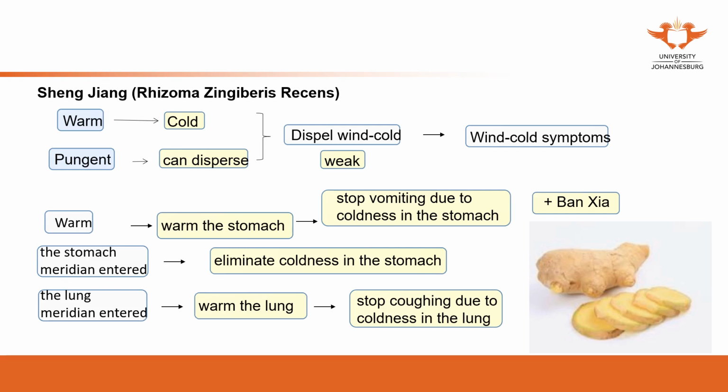A lady suffering from morning sickness also can use fresh ginger, because fresh ginger can stop vomiting or nausea. In this situation, we can use fresh ginger and Zisuye, the one we introduced in the previous slides, because Zisuye can help to improve the qi circulation to relieve the qi stagnation, and the ginger can stop nausea and vomiting.